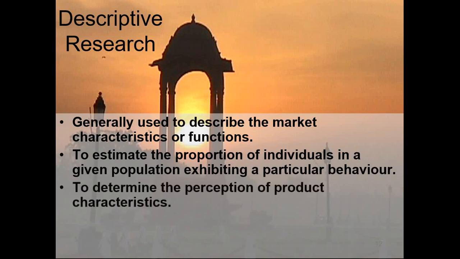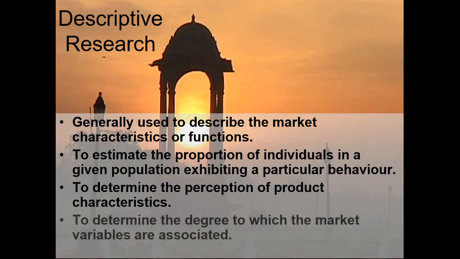To determine the perception that people have in connection to the different products and services that they consume, these also are different ways in which descriptive research actually studies this type of thing, and to determine the degree to which the market variables are associated with each other.